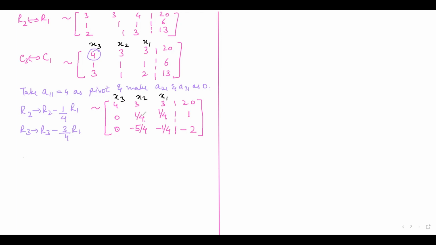Now, this is of maximum magnitude, right? So I'll be shifting it: row 3 is interchanged with row 2. So I will get here 4, 3, 3, 0, minus 5 by 4.